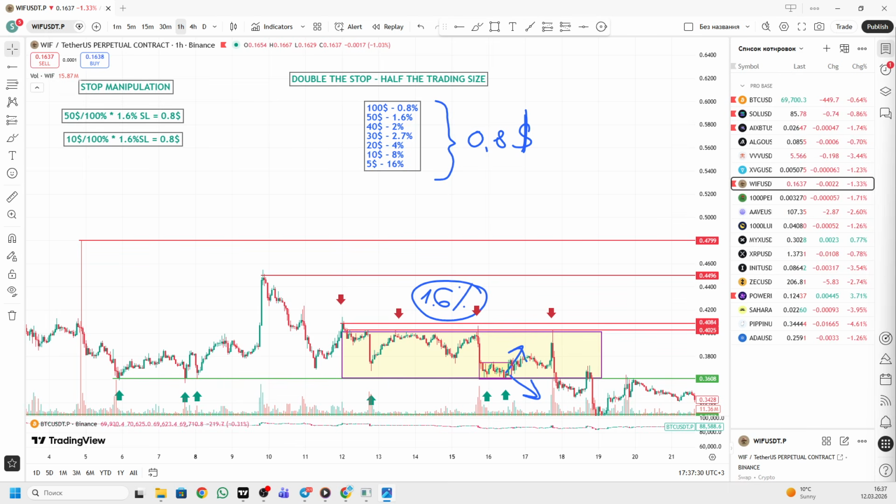What we have written here we call stop manipulation. You may ask, but if the position size is smaller, won't we make less money? Yes, the position size is smaller, but right now the point is different. What we are teaching you is this: you enter with small size, with small lots in parts, and you also exit in parts.